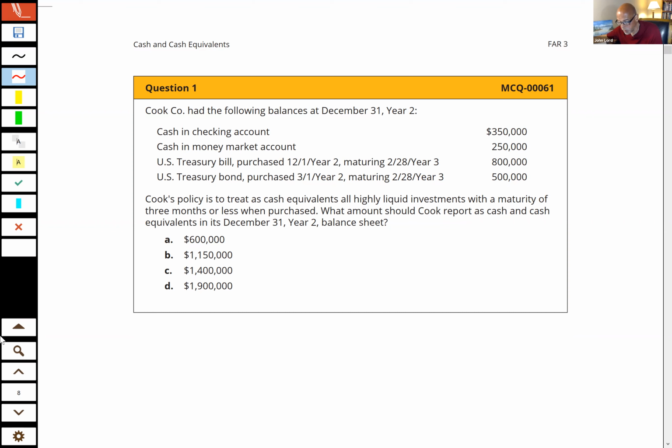How about Shannon? What did you think? D, 1.9 million. Okay. Jinsu, what did you think? I got C, 1.4 million. Okay. Good. What do you think, Gautam?